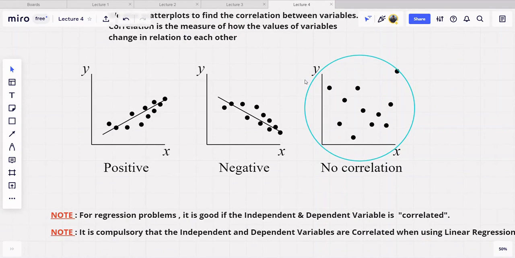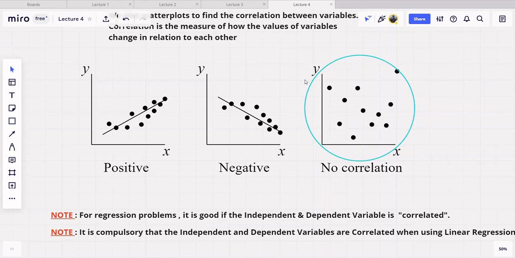Let me tell you this again, that if there is no correlation among your independent and dependent variable, then don't use linear regression. Then you have to use some other machine learning algorithm like decision tree or KNN. We will talk about these algorithms in our further videos, but as of now just keep this in mind.